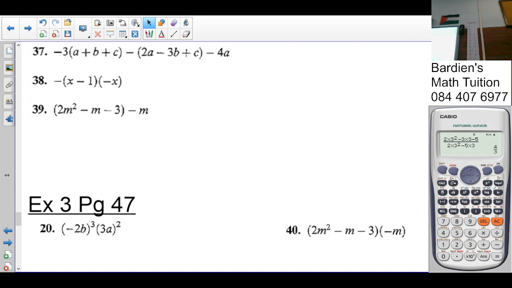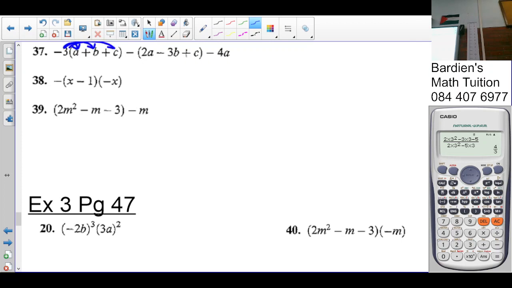Negative 9a minus 3c plus c. Now what's minus 3c plus c? That's not right. But it's like terms, no? Supposed to have been minus c. It gives you minus 4c. Alright, so both of you got it wrong.